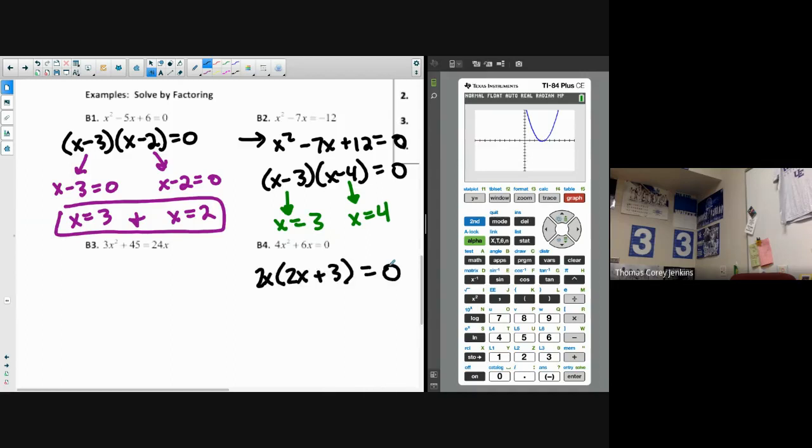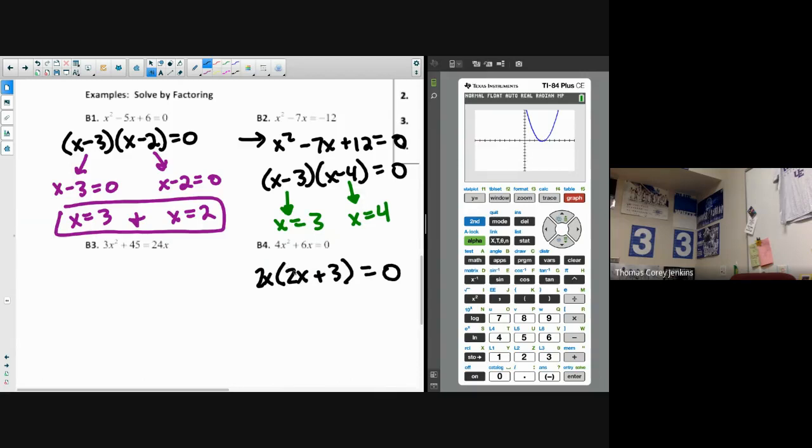Now, we had some in the last lesson where I factor out a GCF and then I'm still left with a quadratic expression in the parentheses. But not here. Once I factored out a 2x, I'm left with 2x as a linear factor, and 2x plus 3 is a linear factor. So then I know I'm finished and I can easily solve this, right?